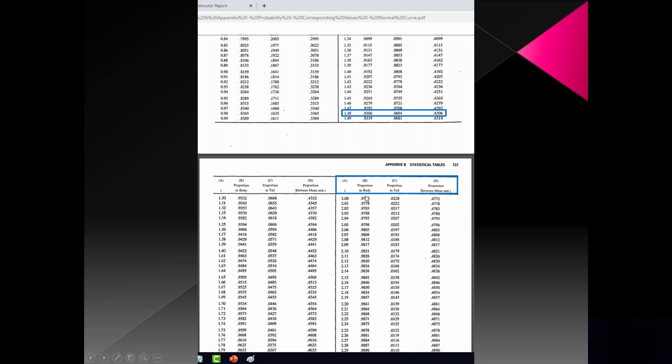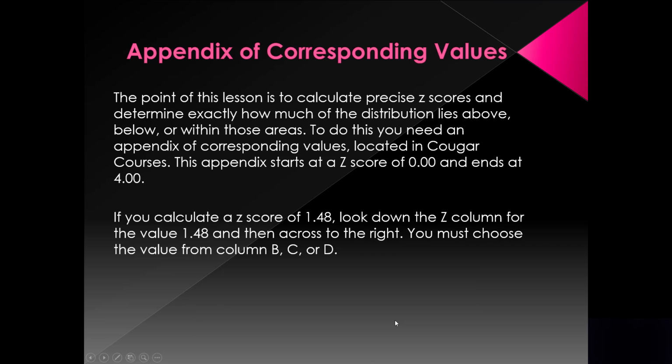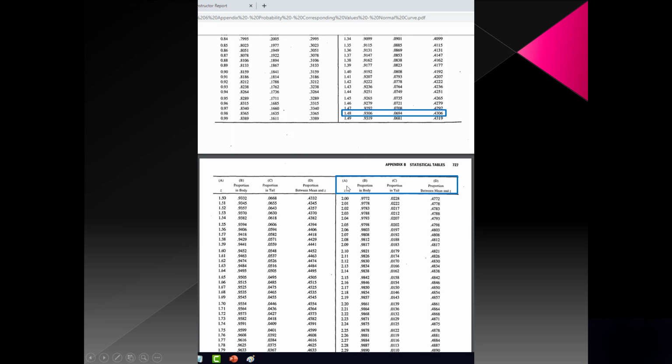The proportion in the body, proportion in the tail, and the proportion between the mean and the Z, right? And that all is talking about areas under the curve. So if we calculated a score of 1.48, then we would go down the Z column until we found that, and then just move to the right. And depending on the language of the question, you'll know which of these three numbers to pick as the answer.